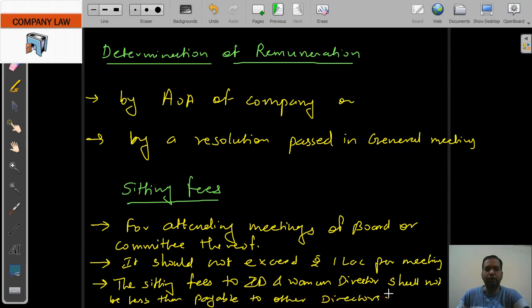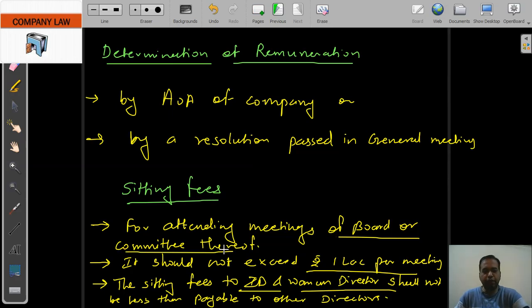Okay, so these are some of the criteria for the sitting fee. A director may be entitled to 1 lakh rupees per meeting as sitting fee, and for the independent director and woman director it should be similar, so there should not be any kind of discrimination with respect to the sitting fee payable to the independent director, woman director and other directors.